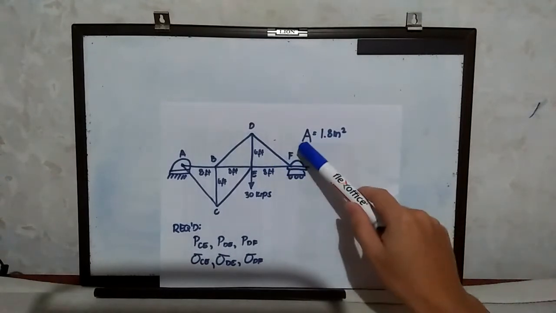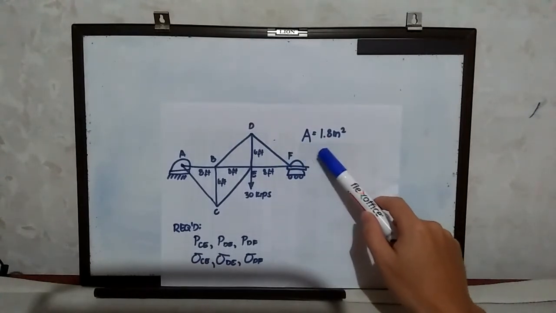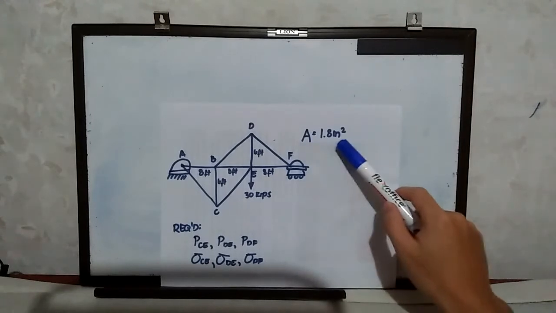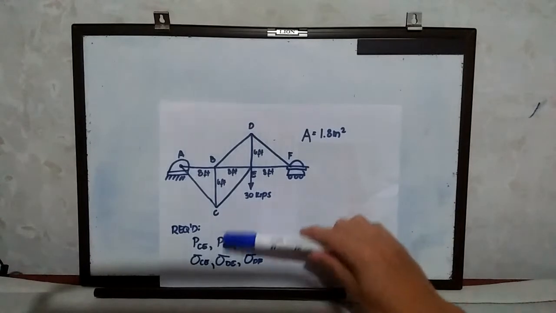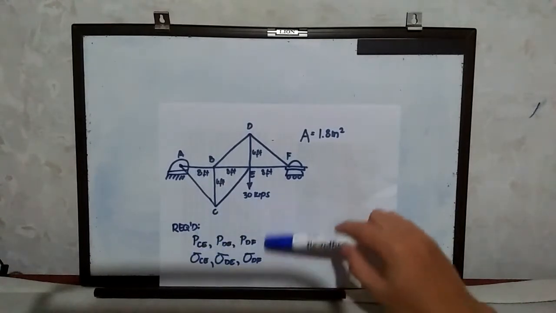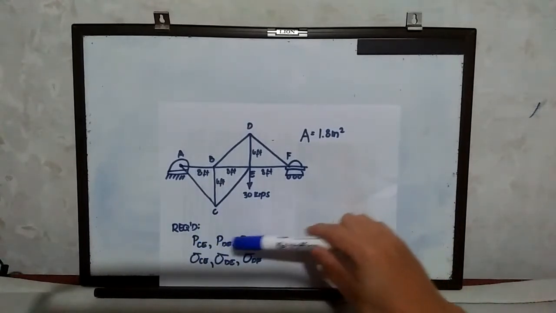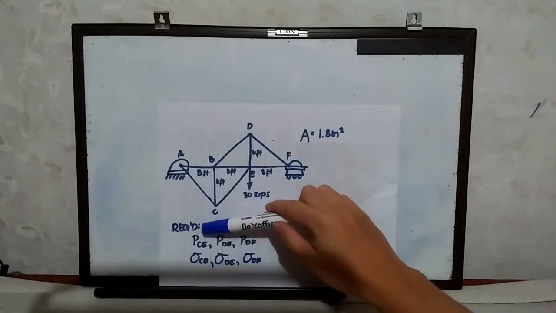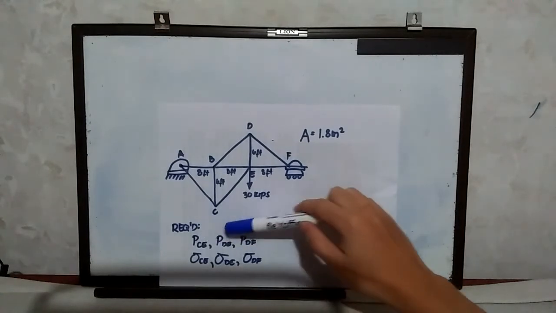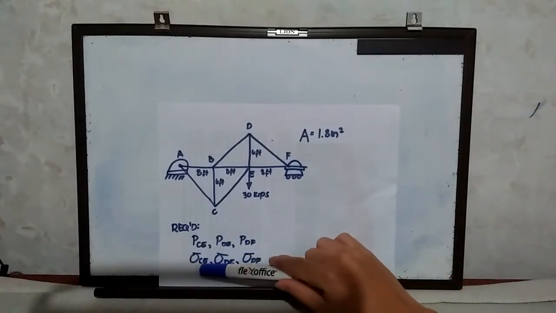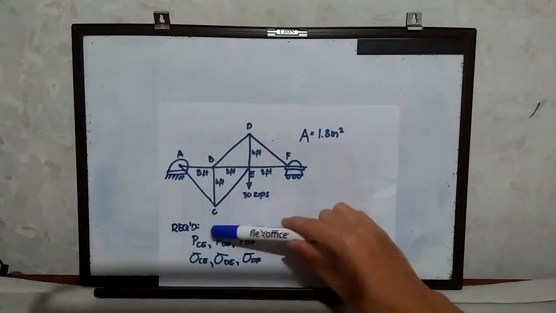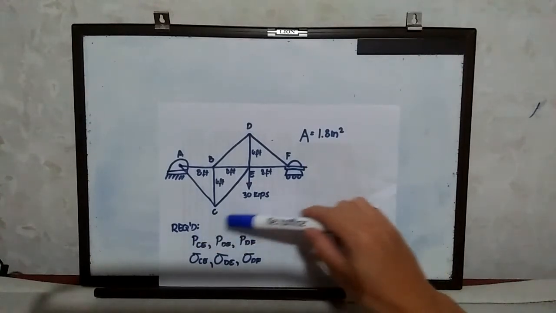And then each structural member has a cross-sectional area equivalent to 1.8 square inches, and the required is simply to solve for the following parameters. We have here the internal force at member CE, internal force at member DE, and DF, and of course the corresponding axial stresses imposed on each required member.